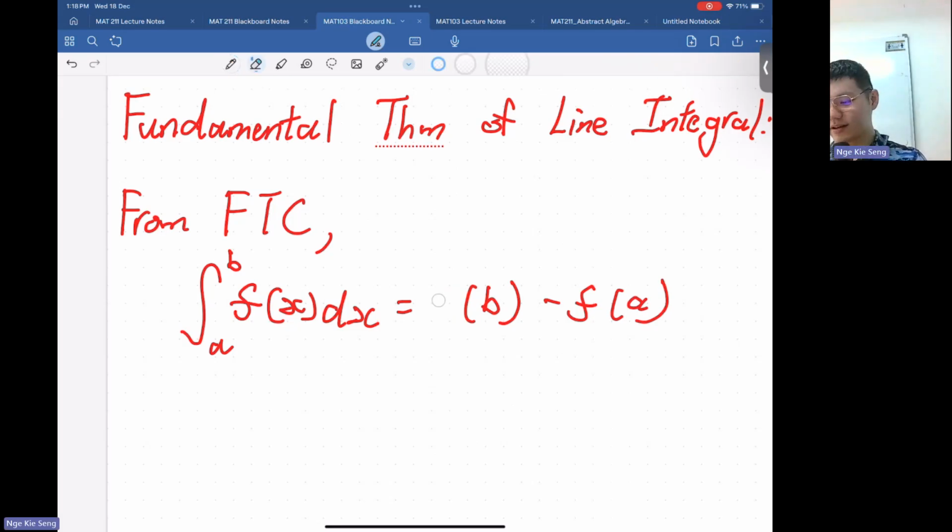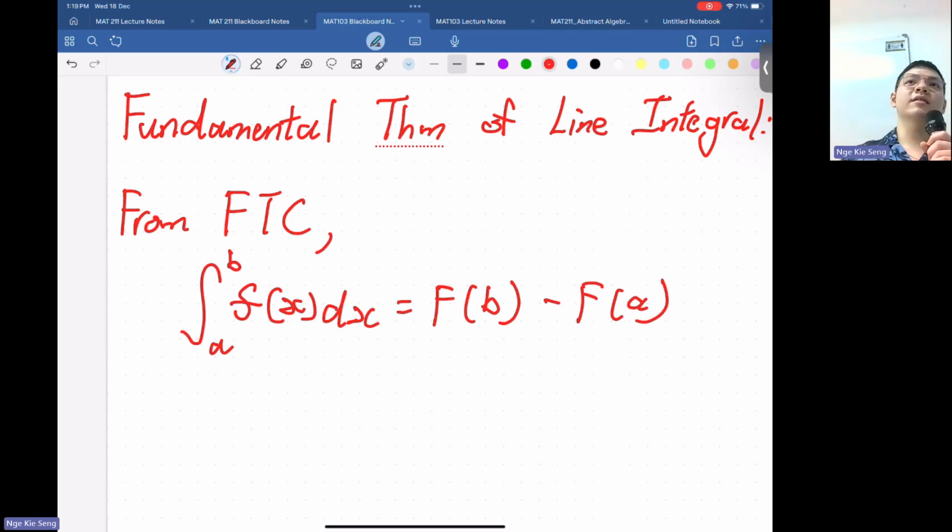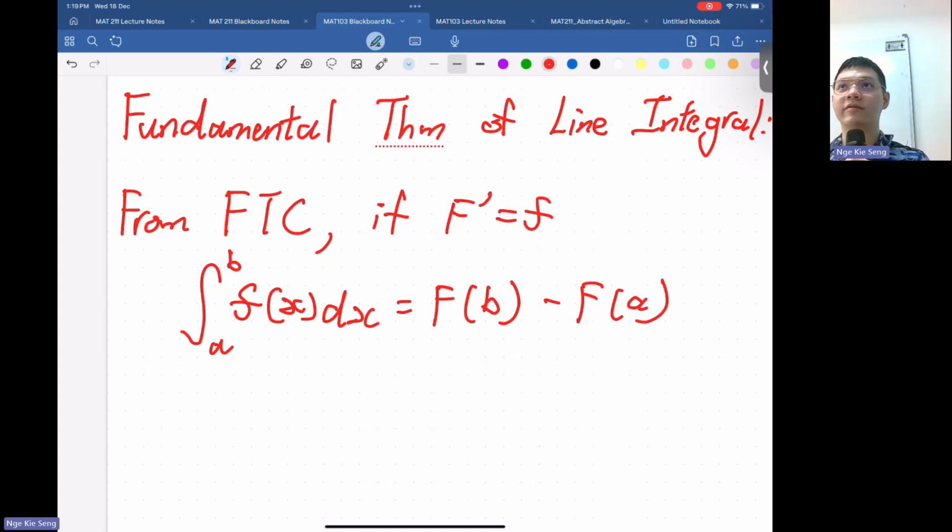Oh, capital F. Okay, so what's the relation between capital F and small f? F prime equals small f.